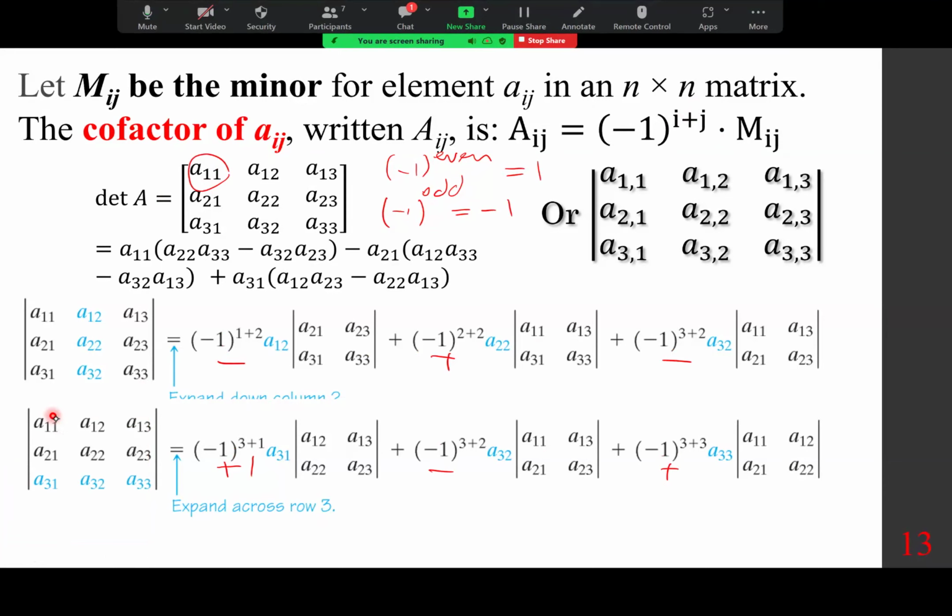Always go with the first row or column, unless you have a row of zeros. That makes life easier. Actually, the determinant ends up being 0, so you can expand with respect to anything. But as far as this one is concerned, note the sign alternates.